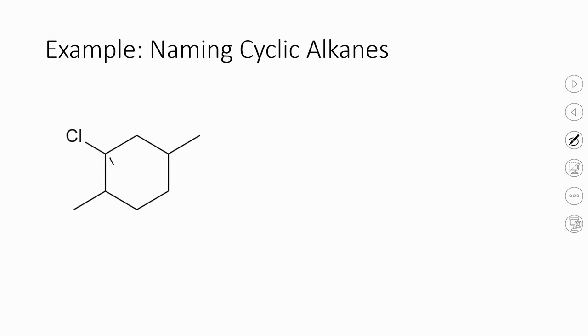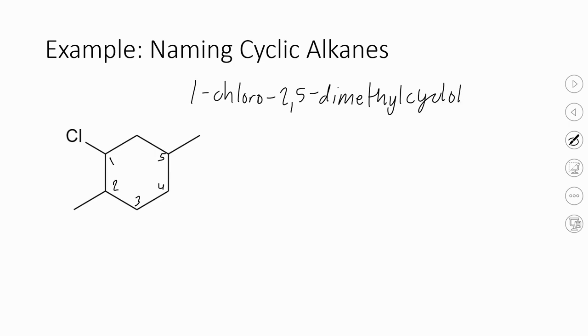Okay, so you're saying this one should be at 1, and then which direction do you want to count? Counterclockwise. Okay, so you would say 1 chloro. Oops, chloro. And then this one is at 2, 5 dimethyl cyclohexane.